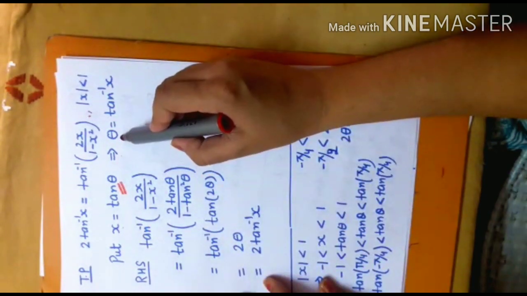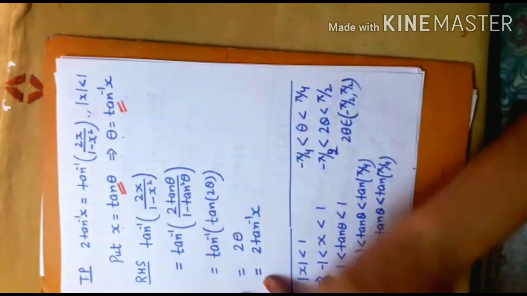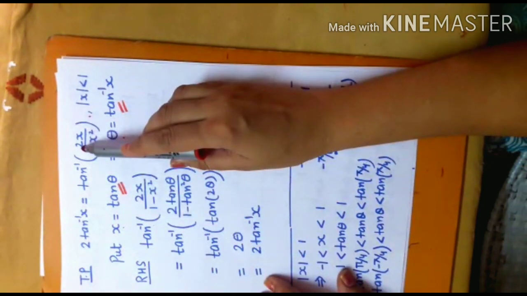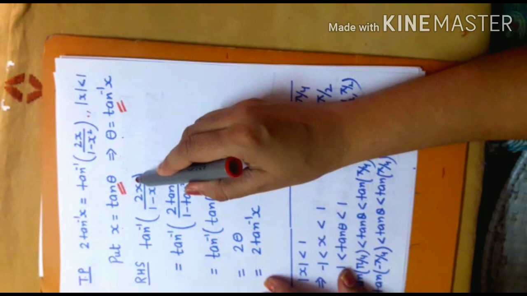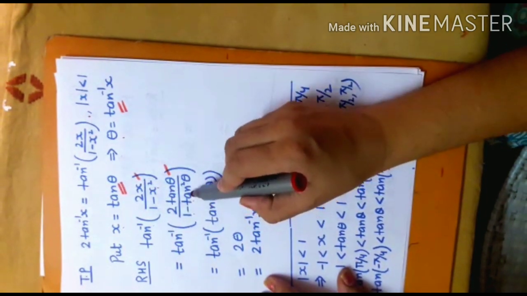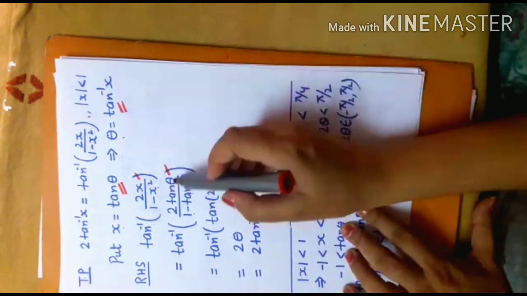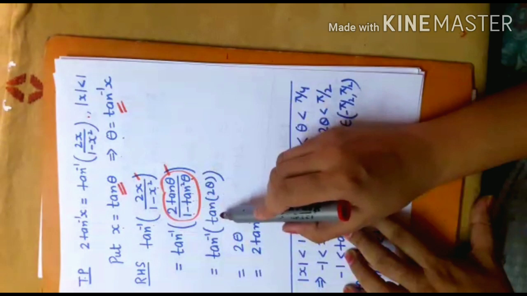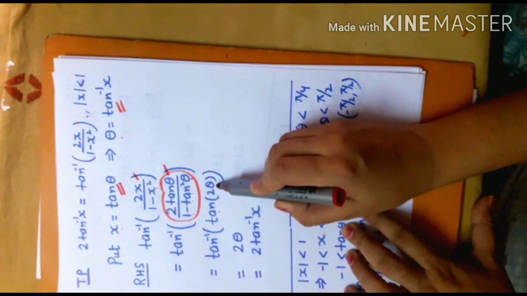This means that theta is tan inverse x. Now the right hand side will be tan inverse 2x over 1 minus x square, that is, 2 tan theta over 1 minus tan square theta. In your 11th standard, you learned that this is tan 2 theta.